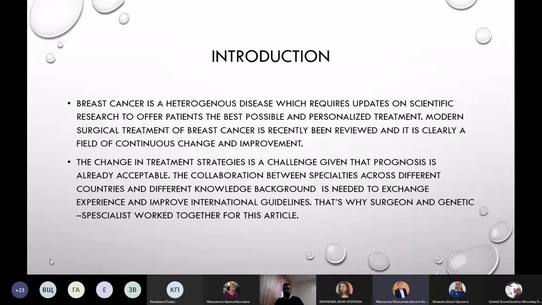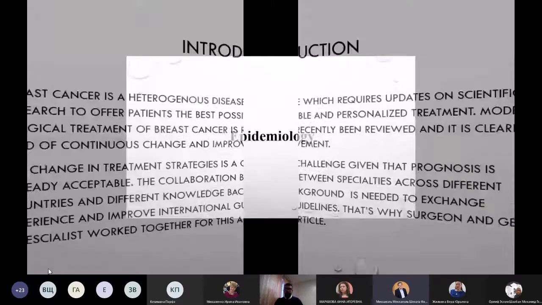The change in treatment strategy is a challenge given that prognosis is already acceptable. Collaboration between specialties across different countries and different knowledge backgrounds is needed to exchange experience and improve international guidelines. That's why surgeons and genetic specialists worked together on this article.